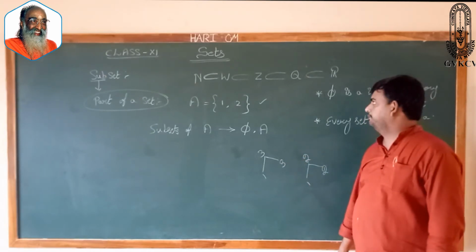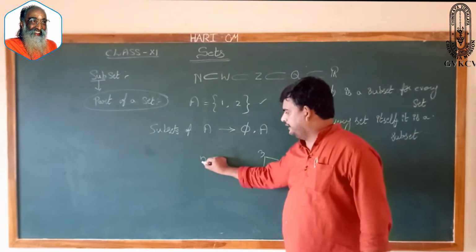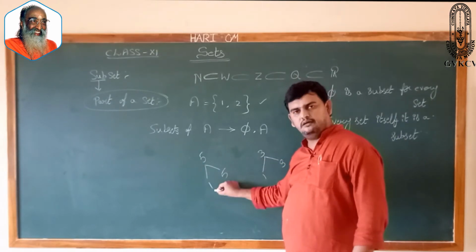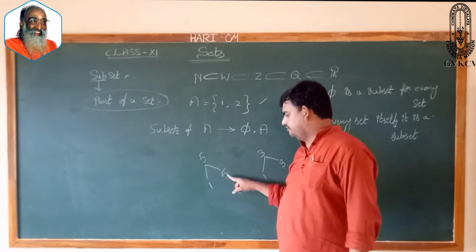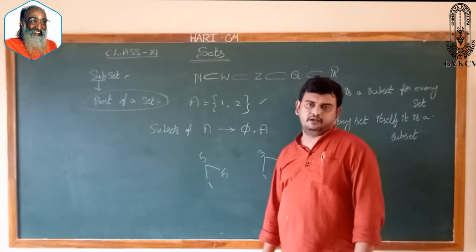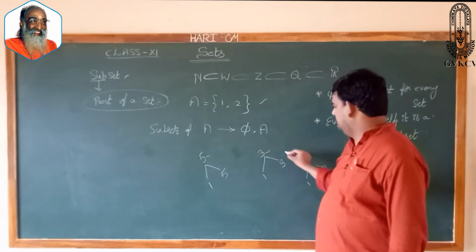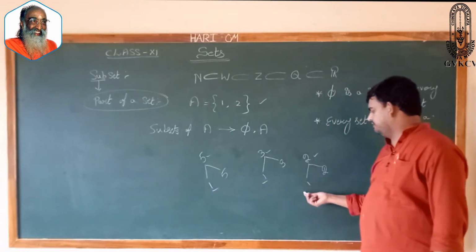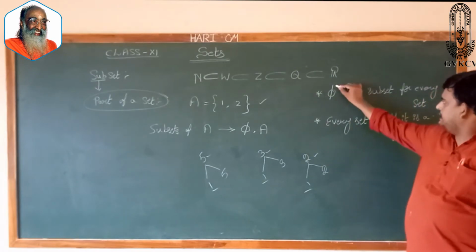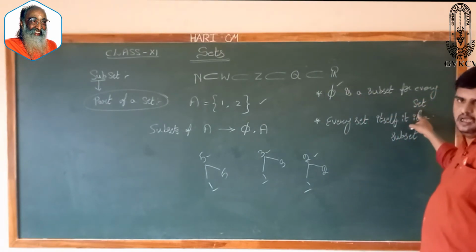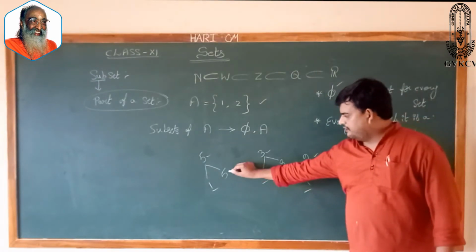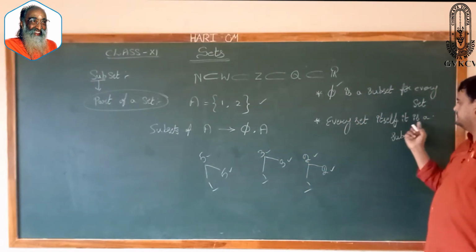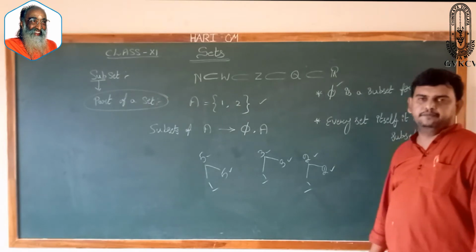When we go for 5, we have 1 and 5. 1 is a factor for every number, and 5 itself is a factor. These are called prime numbers. Just as 1 is a factor for every number, the empty set is a subset for every set. Just as every number itself is a factor, every set itself is a subset.